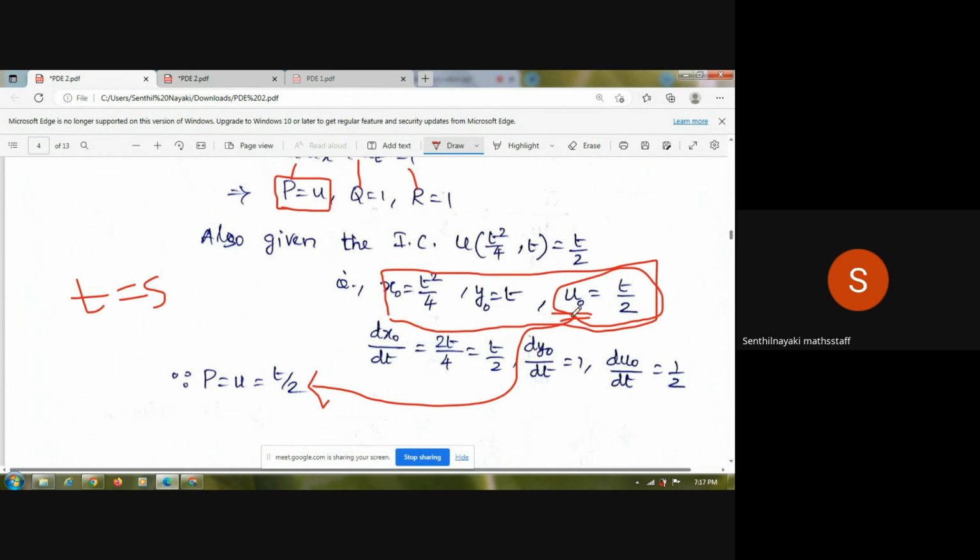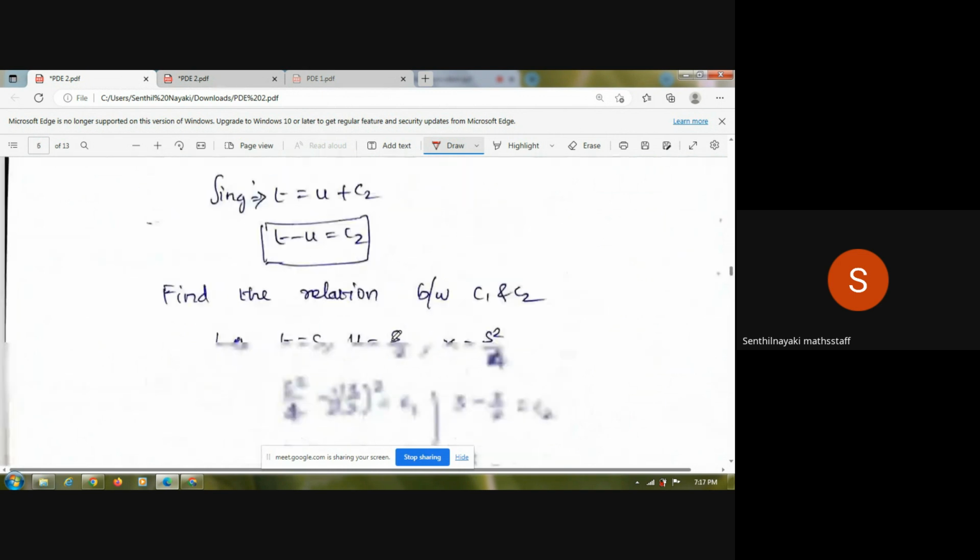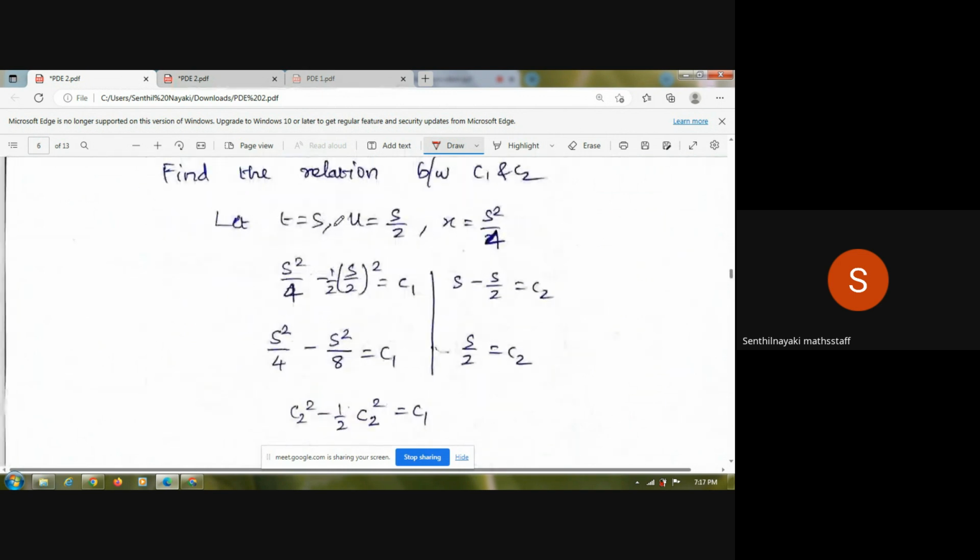Okay. So from this equation, we are getting t equal to s, u equal to s by 2, x equal to s square by 4.